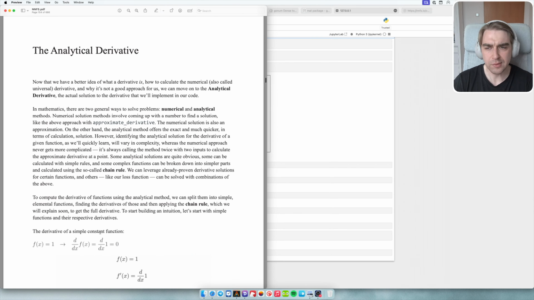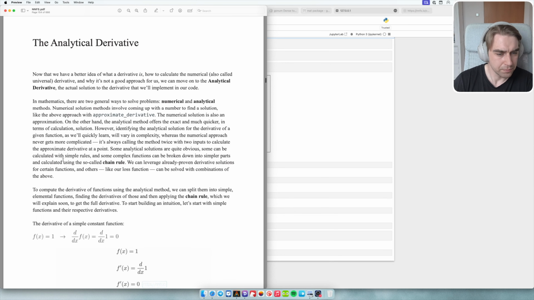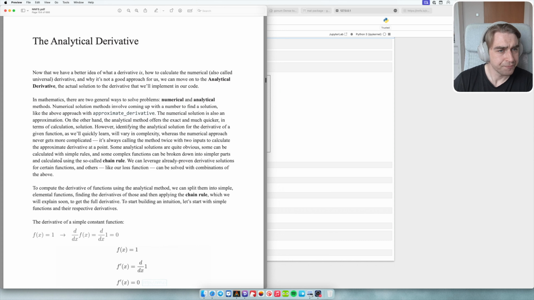Okay. So that was the numerical derivative, and now that we have a better idea of what the derivative is, how to calculate the numerical, also called universal derivative, and why it's not a good approach for us, we can move on to the analytical derivative, the actual solution to the derivative that we'll implement in our code.